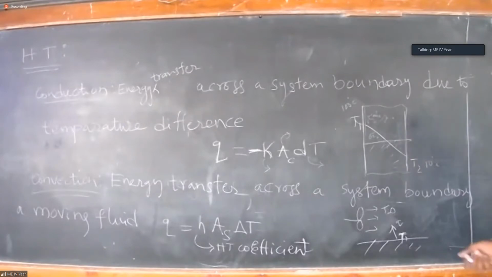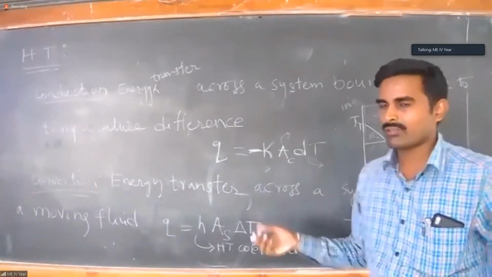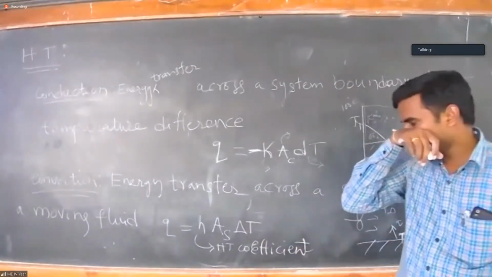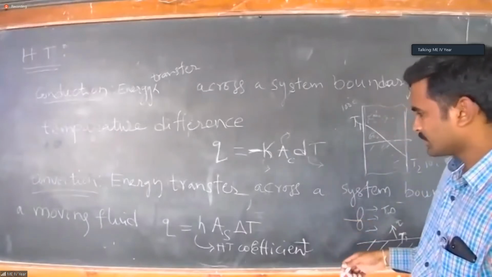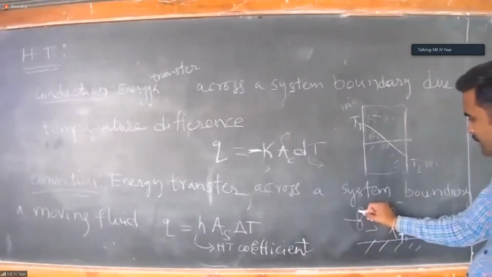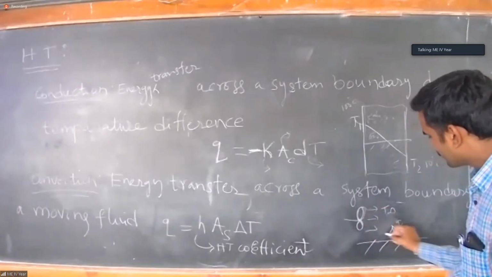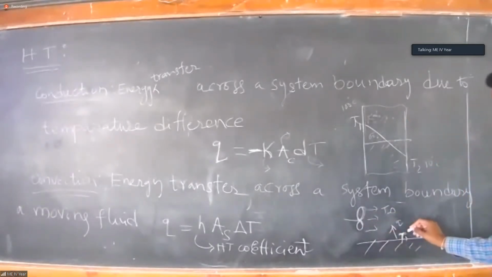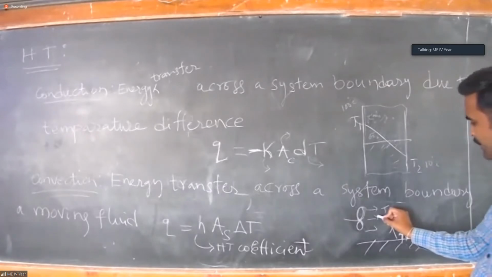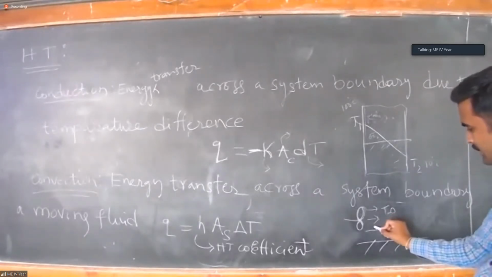So let's say you are making a fluid flow over a surface. Then it depends on the flow velocity.